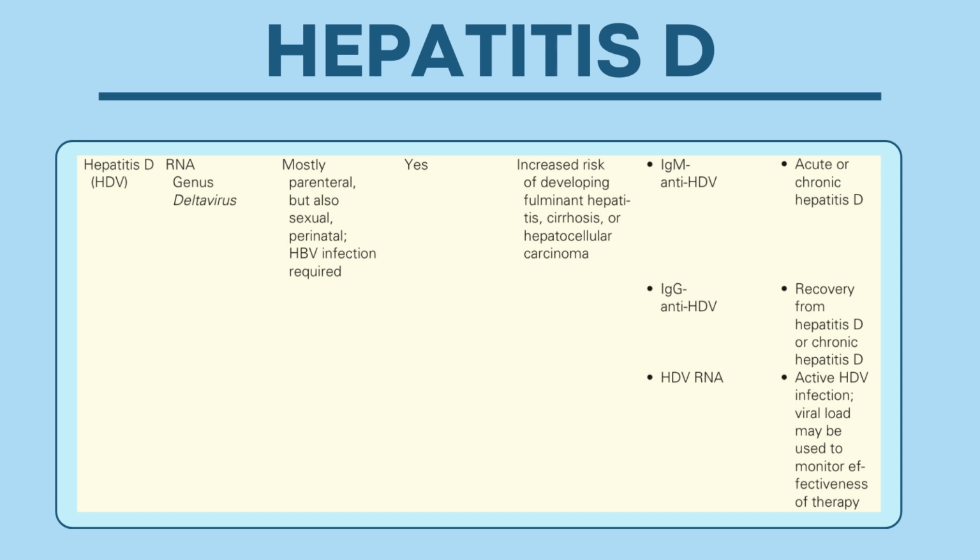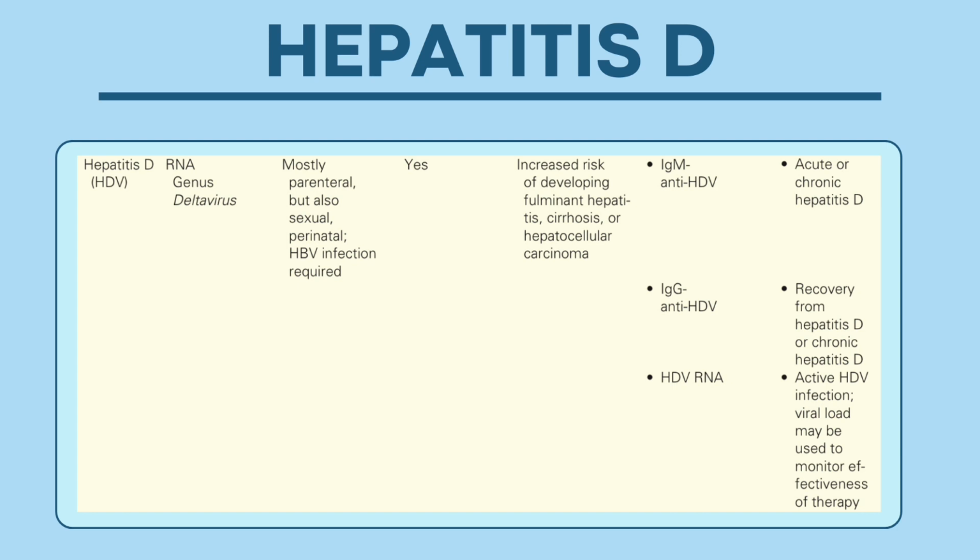It is transmitted mostly parenterally but also sexually and perinatally, and it could also be acquired as a superinfection. It progresses to a chronic state and has complications such as increased risk of developing fulminant hepatitis, cirrhosis, or hepatocellular carcinoma. It also has different serological and molecular markers such as IgM anti-hepatitis D, IgG anti-hepatitis D, and hepatitis D RNA.